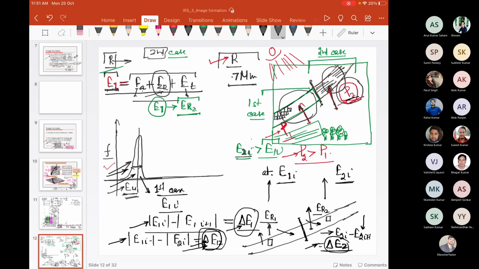The difference could be delta E12, and it is significant. And again, you have a second peak. So the first is for the clear, while the second is for the turbid. Okay, so I hope it is clear.